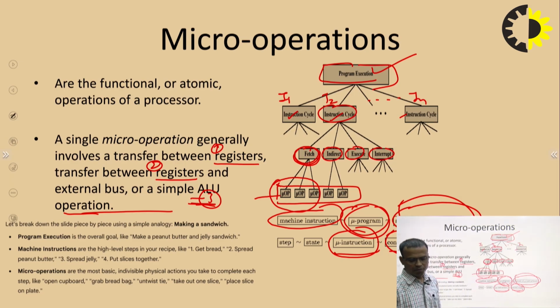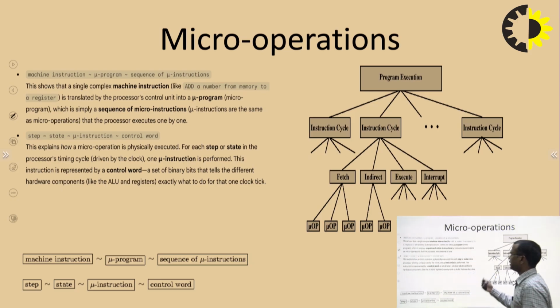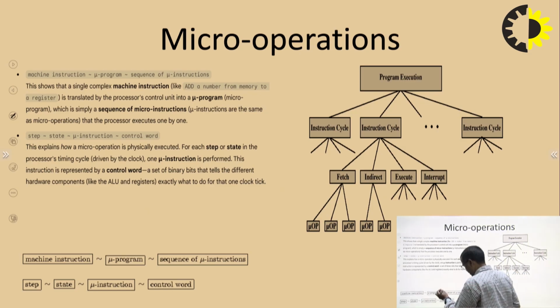Moving ahead, this step of functional decomposition ultimately raises the question of who is controlling this micro instruction.